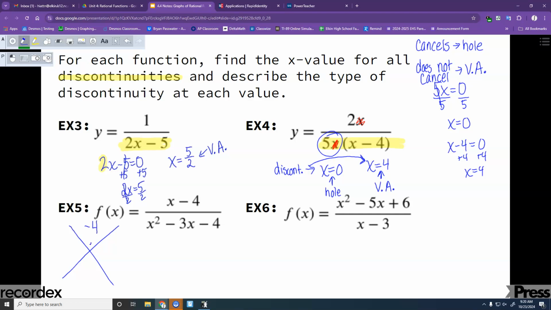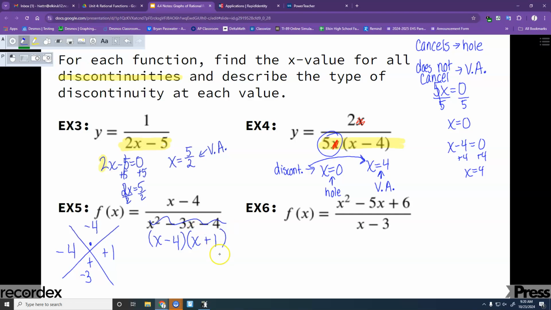Negative 4 is what we're trying to multiply to get. Negative 3 is what we're trying to add to get. Okay? I have an x here, x here, what works? Negative 4, positive 1. Does that work?